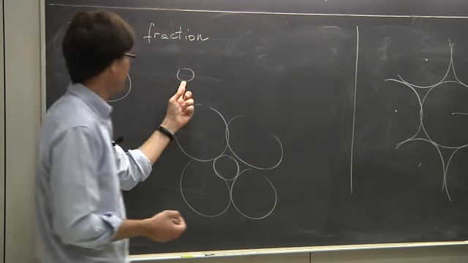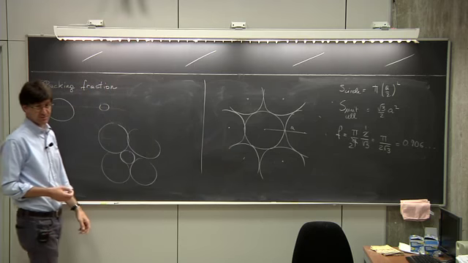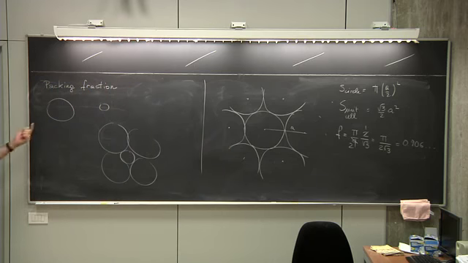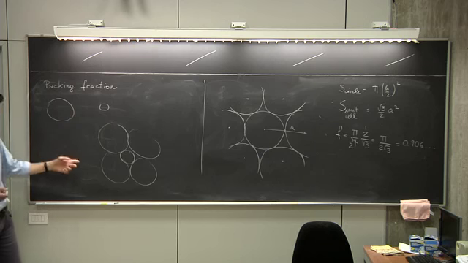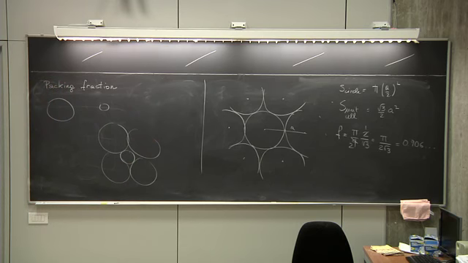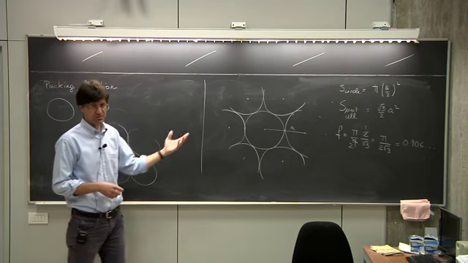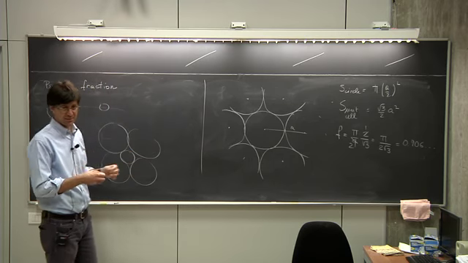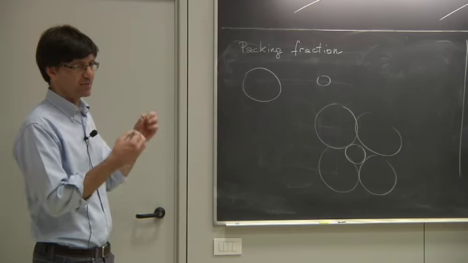Actually, in the limit that this is equal to this one, we know that this is the best way of packing circles. So depending on the ratio between the radius of the two particles, you may have different best ways to pack them in a binary crystal. So the concept of packing in a binary system is much more complicated than the concept of packing for a Bravais lattice, where you only have one type of sphere.